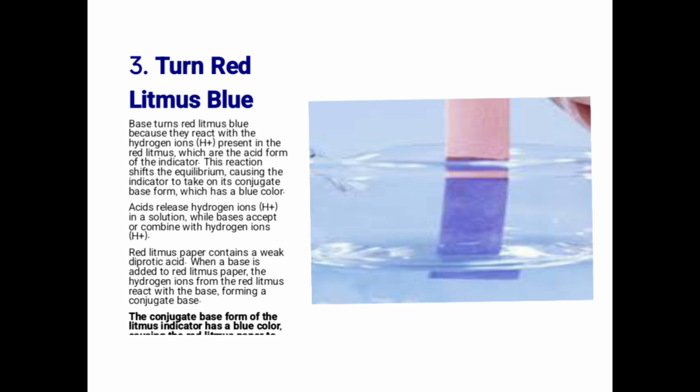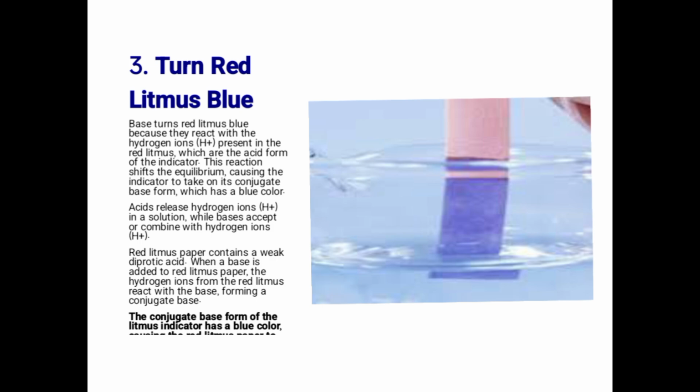Of course, in the case of a base, they react with the hydrogen ion present in the red litmus pigment or paper, which is the acid form of the indicator. This reaction shifts the equilibrium, causing the indicator to take on its conjugate base form, which has a blue color. Acids usually release H+ in a solution, while bases accept or combine with that hydrogen ion.